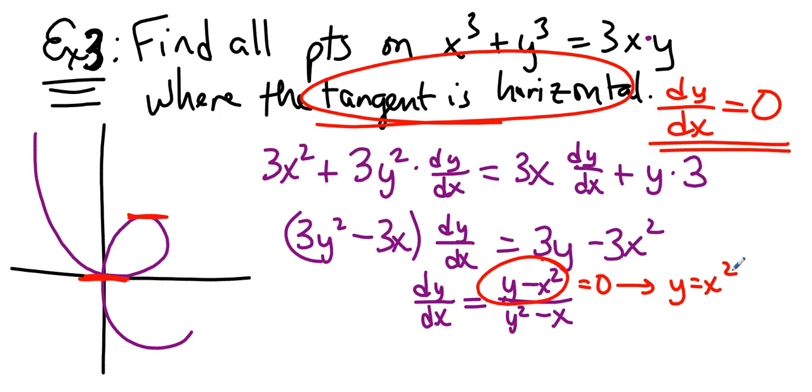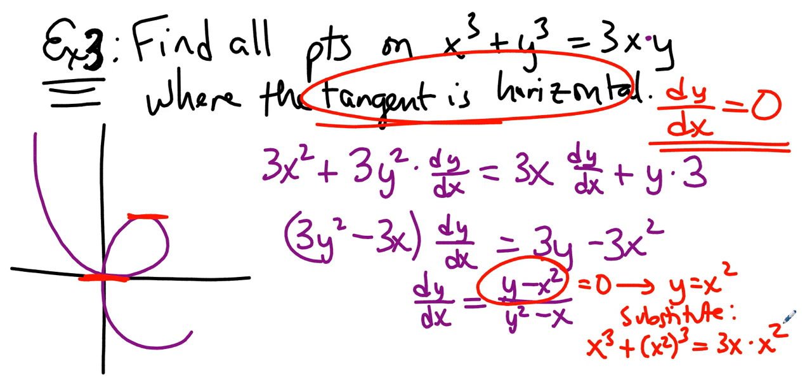That's what we know about all the points on that curve where the tangent is horizontal. So we substitute into the original equation. Everywhere we see a y, we write x squared.